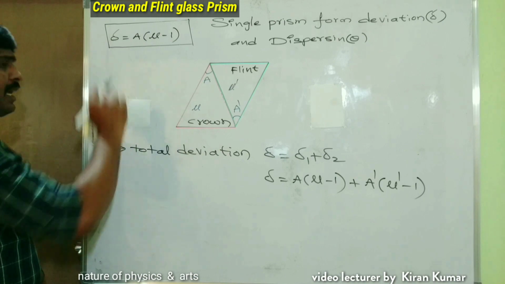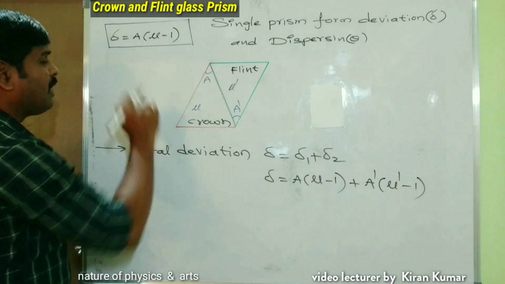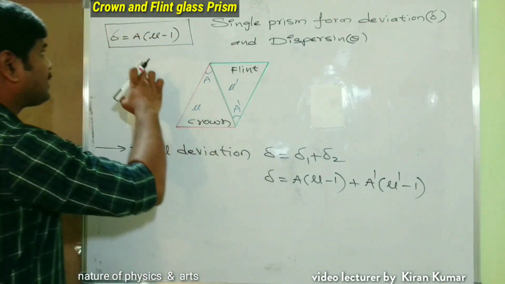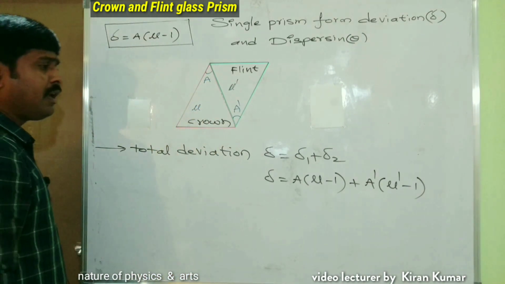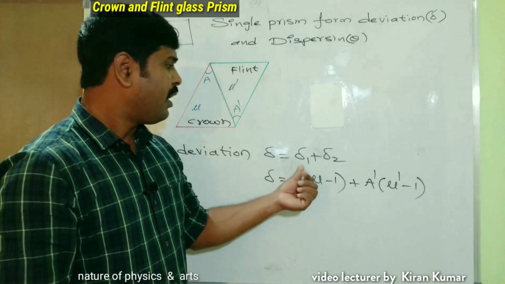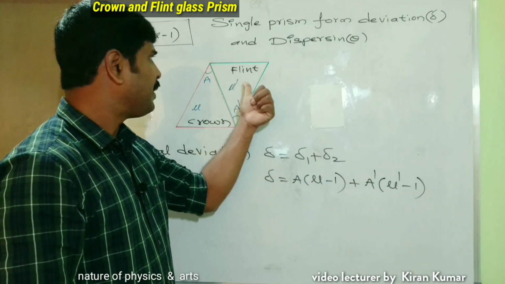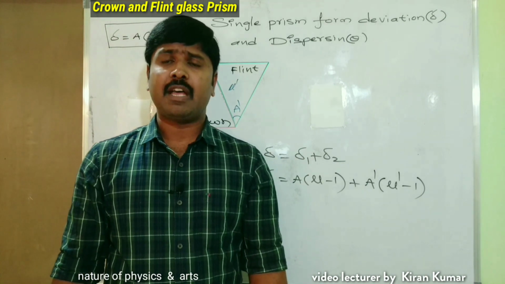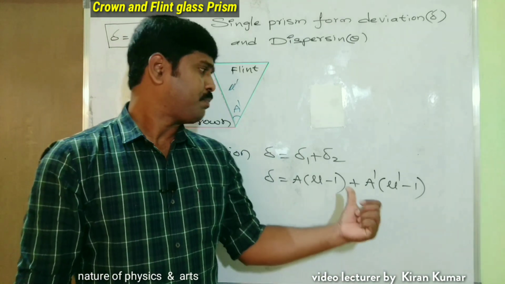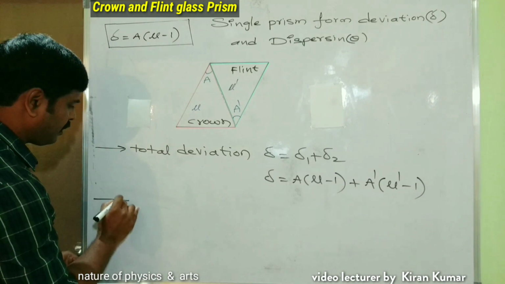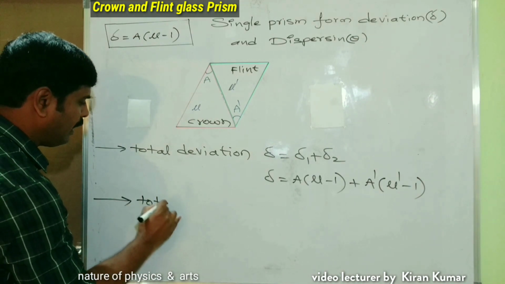Here, the deviation angle is directly proportional to the refractive index, and also the deviation angle is directly proportional to the angle of prism. Here, del 1 and del 2 are the deviations for the crown glass prism and the flint glass prism respectively.